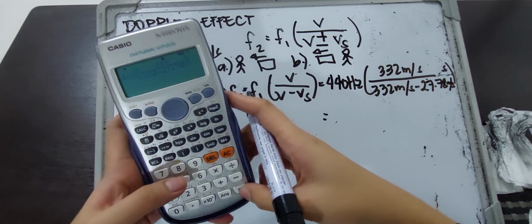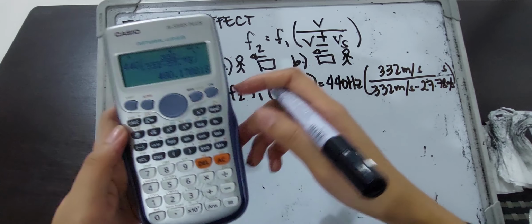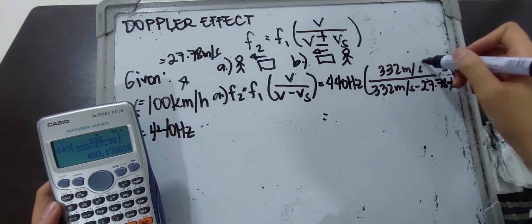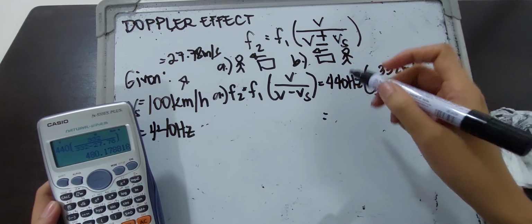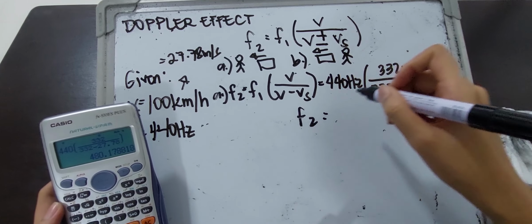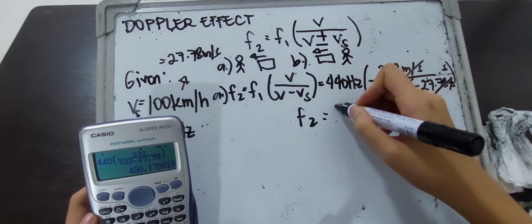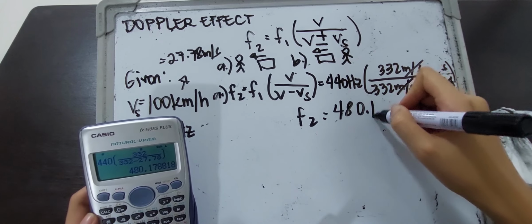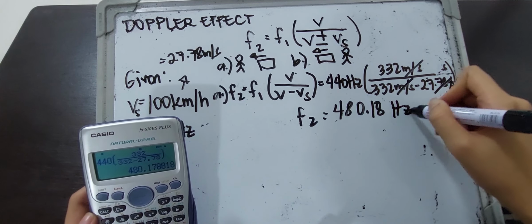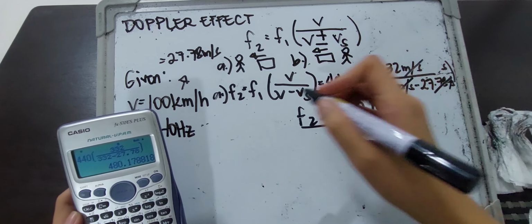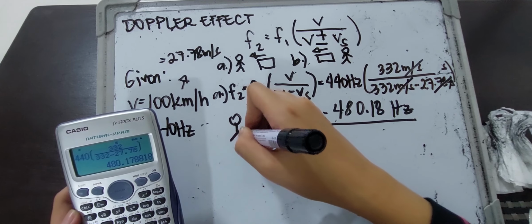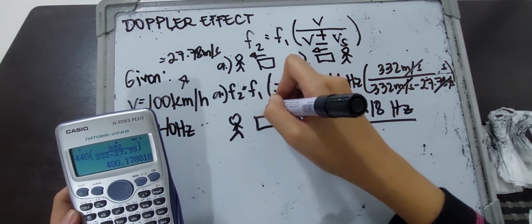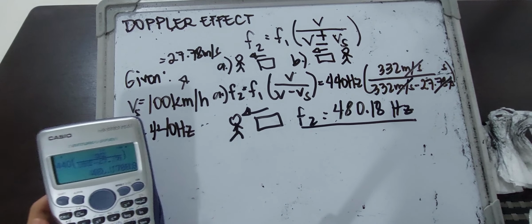Okay, meters per second. So, our answer, cancel na natin to. Our answer is 480.18 hertz. This is the frequency when the source is moving towards the observer.